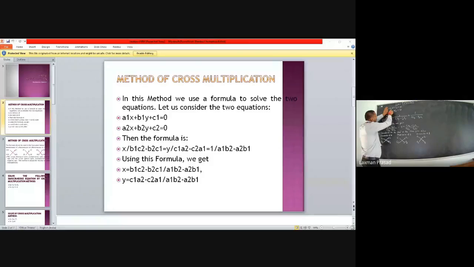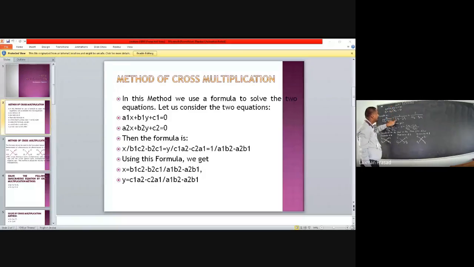Then b1 and c2, multiply b1 into c2, you will get b1 c2, then sign minus, then b2 c1 in this direction. b1 c2 minus b2 c1. This is for x. For y, eliminate y.